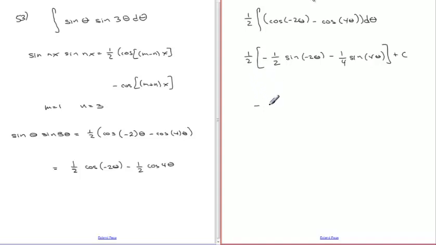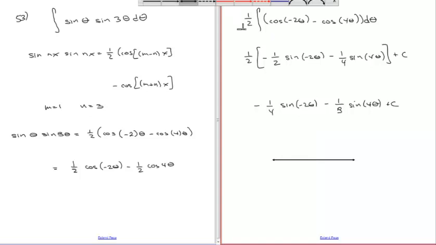Multiplying the half out, we get -1/4 the sine of -2 theta and -1/8 times the sine of 4 theta plus c. Now we can rewrite this -2 theta because of the sine. Let's just do a sketch, since this relates to odd and even functions. Here's the x and y axis, and the sine looks something like this.